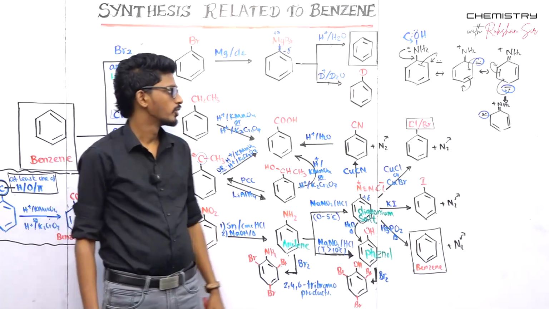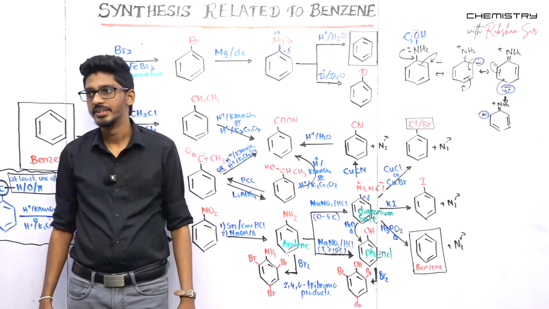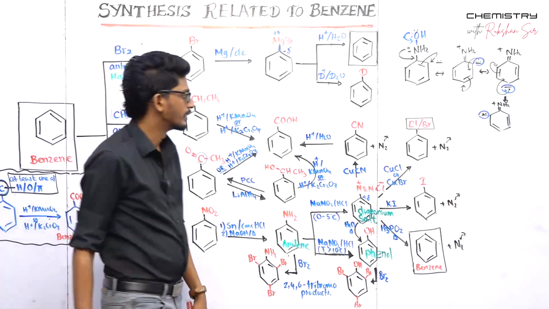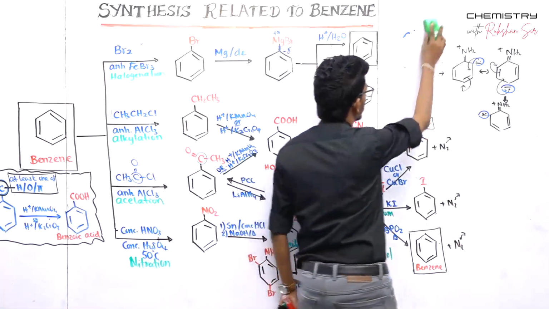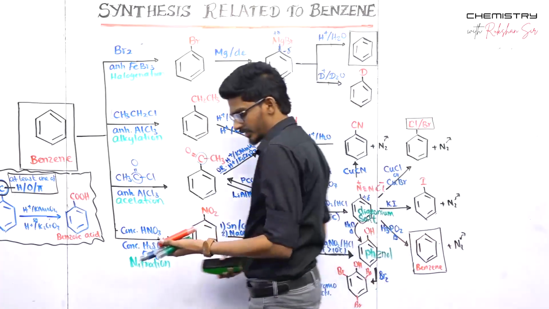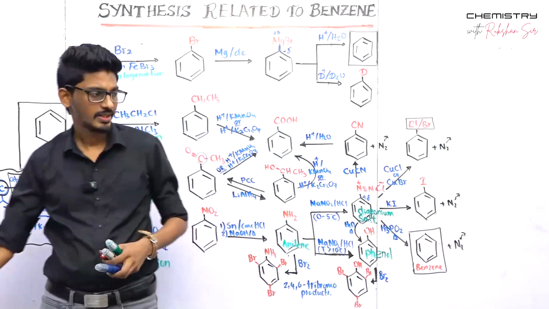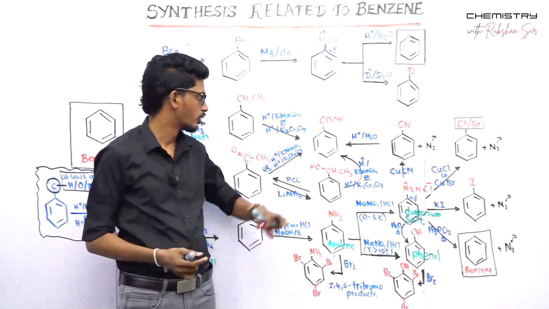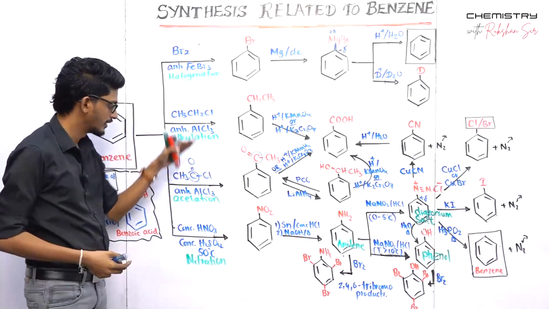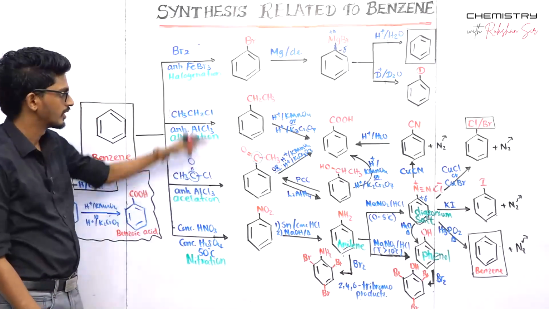Okay. So actually these are the major reactions involved in the benzene ring. Clear, no? So you should know all of these reactions, which originate from only four pathways.